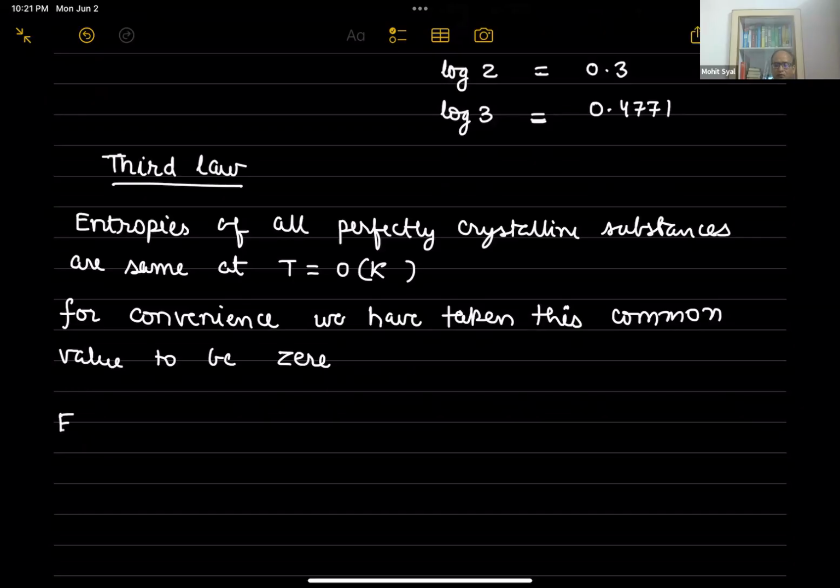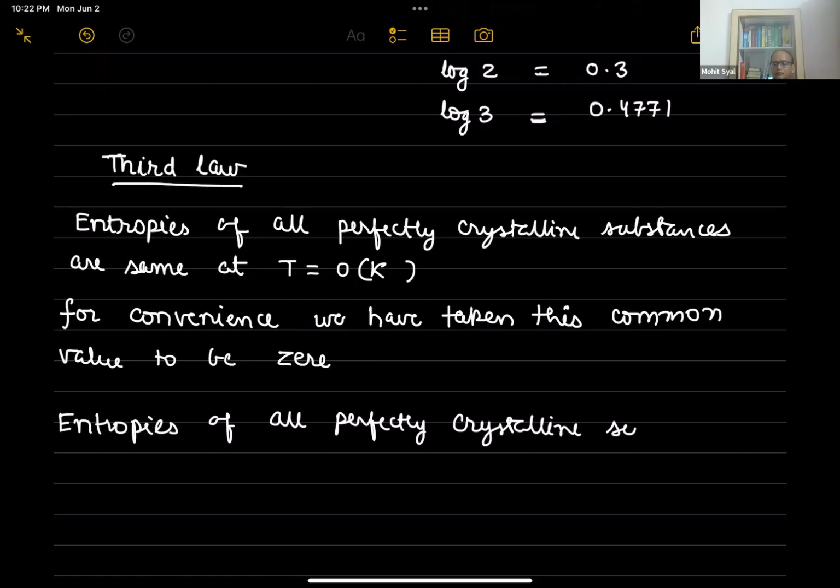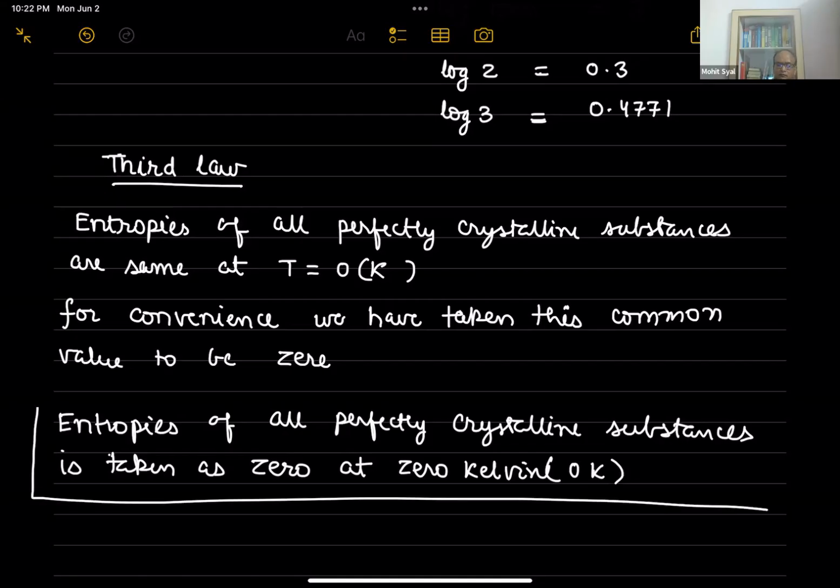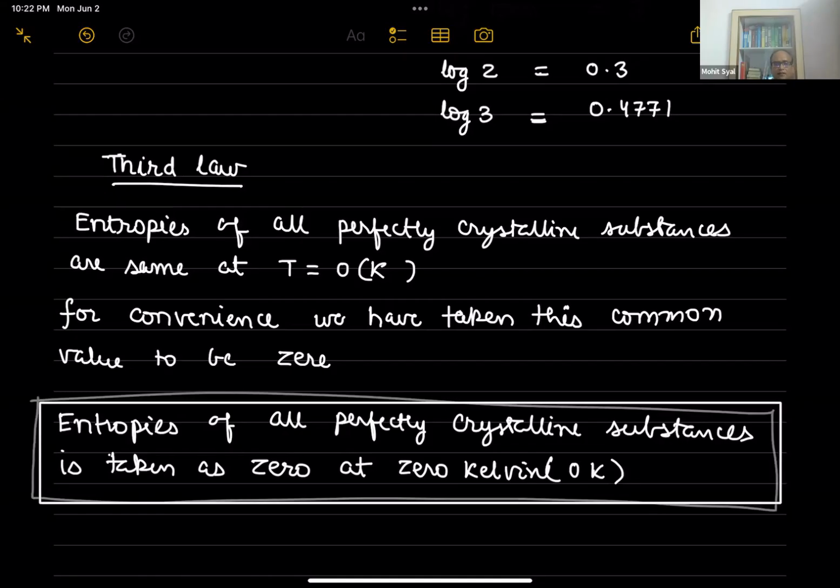This is the final outcome. This is the third law.